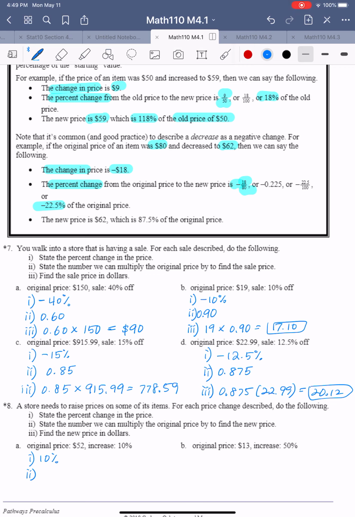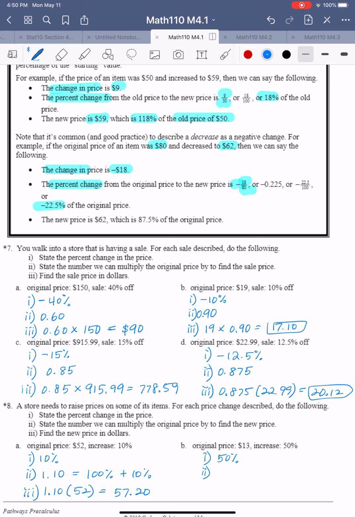You have to put 1.10, which is 100% and then 10% extra. So in order to find the new price, you multiply 1.10 by the original price, which is now 57.20.